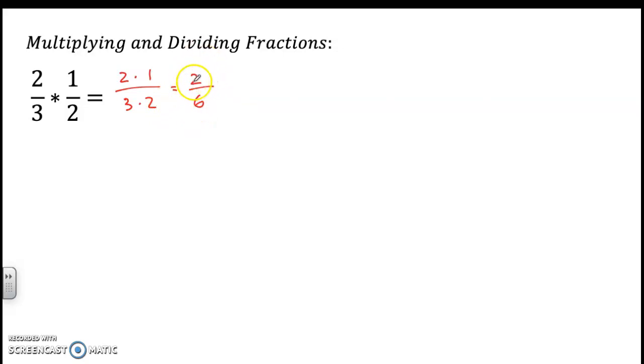I see that I have a 2 on the top and a 6 on the bottom. Both of those numbers are even numbers. Because they're even, I can divide by 2 and by 2. When I'm simplifying, I have to divide by the same number on the top and the bottom. 2 divided by 2 gives me 1. 6 divided by 2 gives me 3. My final answer is 1/3. You always want to simplify.